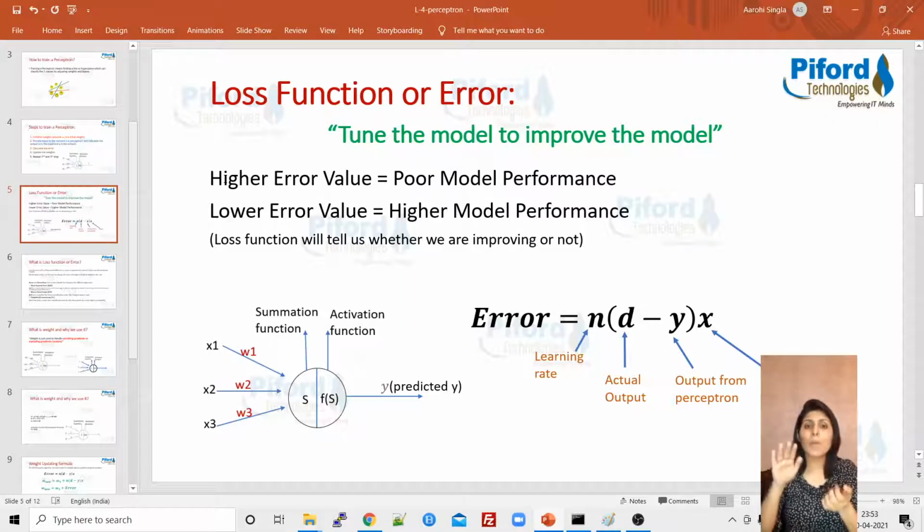When the model performance is low, you will get a high error. And when the error is a lower value, that means your model is performing well, which is why you are getting a lower error. Getting my point, right? So the loss function will tell us whether our algorithm is improving or not.